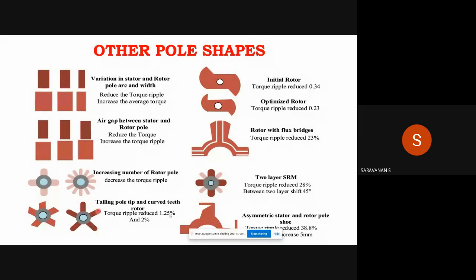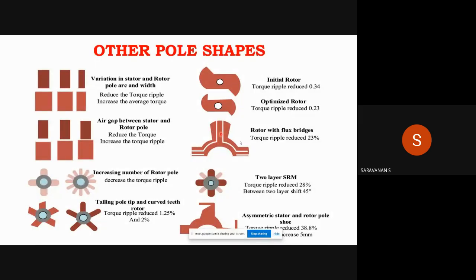This one also reduces torque ripple, by 1.25 percent. These are all the optimized rotors. And this one is introducing flux bridges. Like in permanent magnet synchronous motors, in SRM machines also there are researchers introducing flux barriers. Here this one is the flux bridges. These are the gaps between the rotors.